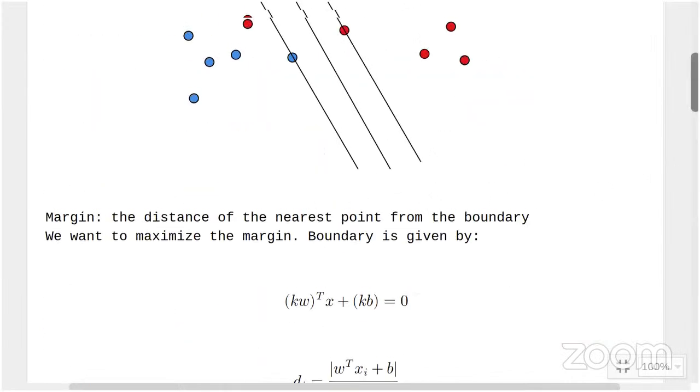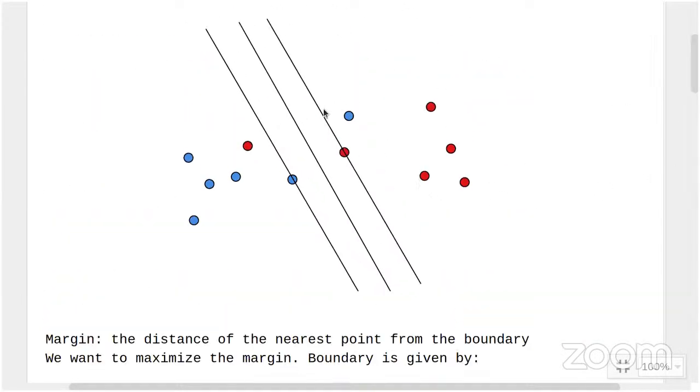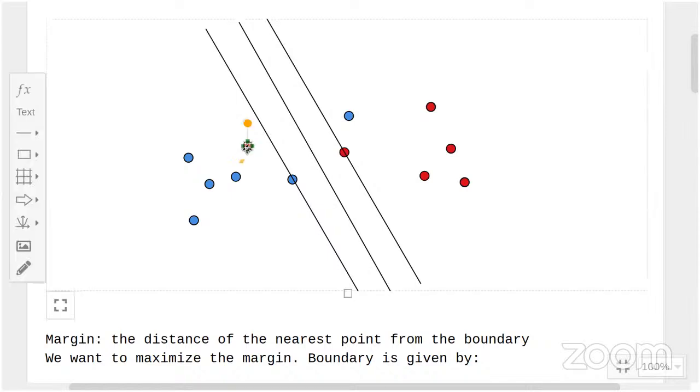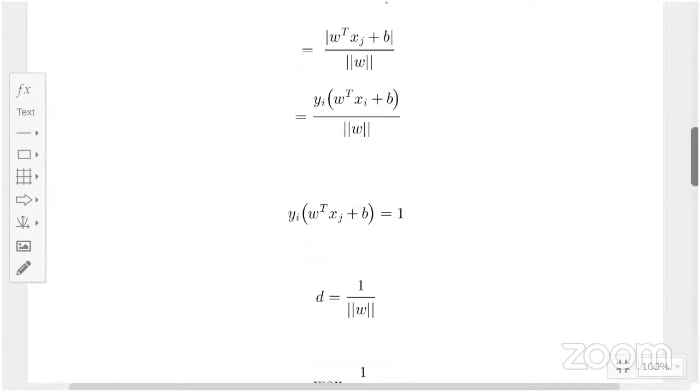Slack is always measured from the bounding plane that this point should have belonged to. So this red point should have been beyond this bounding plane, but it is here. So this distance is what I call the slack. So it is always non-negative, right? It is either 0 or it is positive. So that is one more constraint.